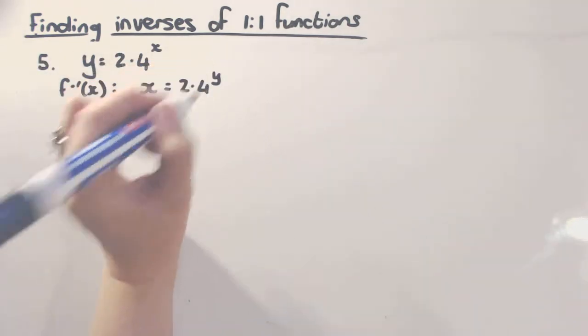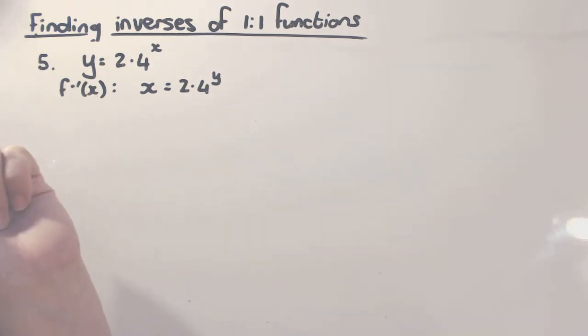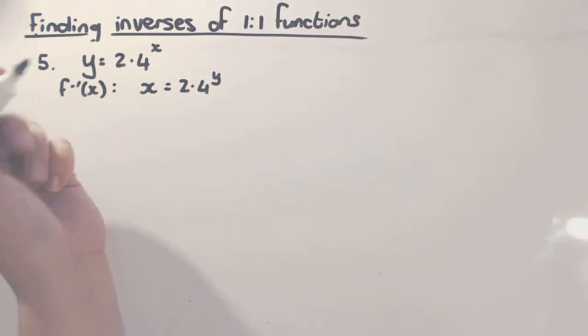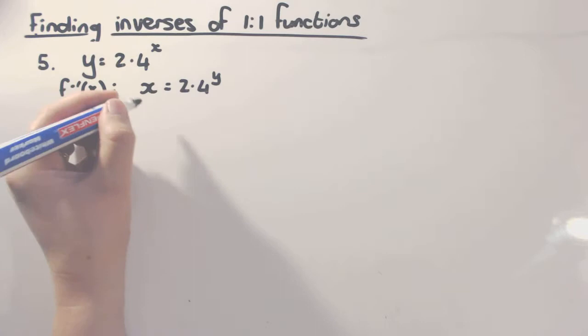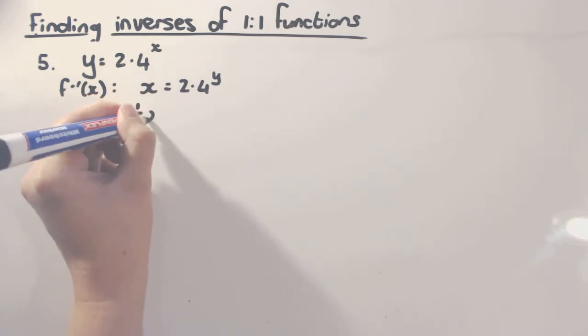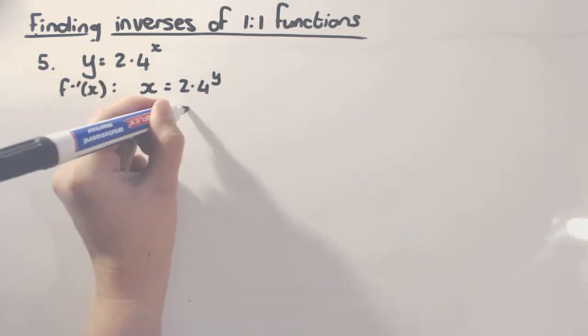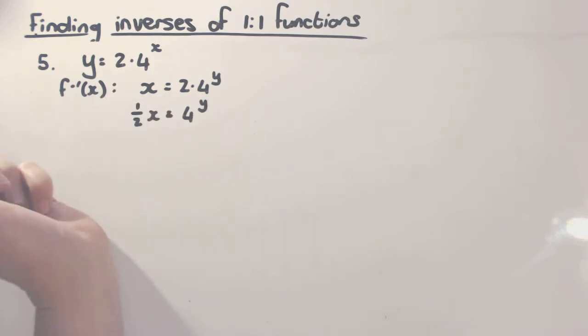If y is in the exponent, I'm actually going to have to use logs. Let me just divide by 2 both sides first. So I've got x over 2 is 4 to the power of y.